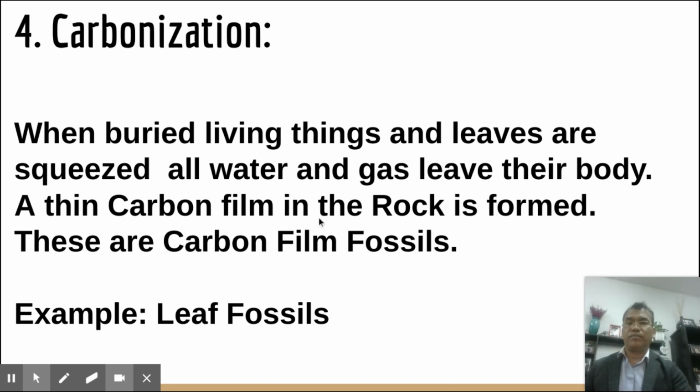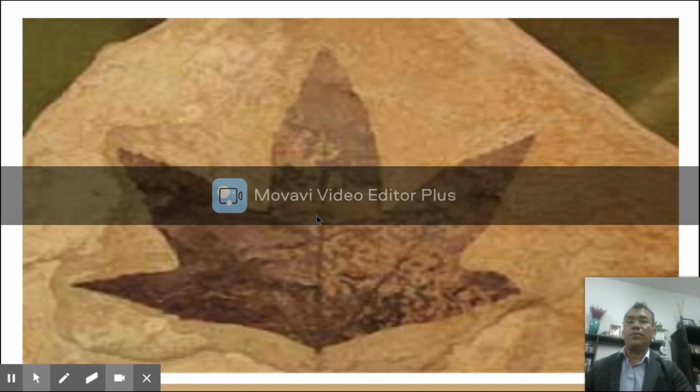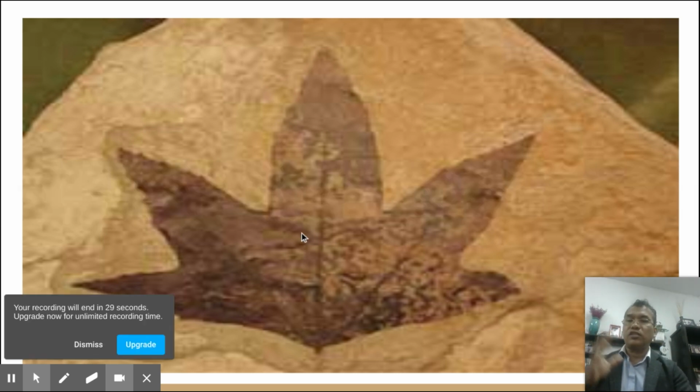So these are called carbon film fossils. The leaf fossils, for example, this. When it is squeezed and pressed, the water parts are gone, and finally we have this.